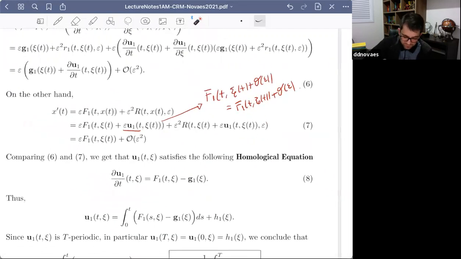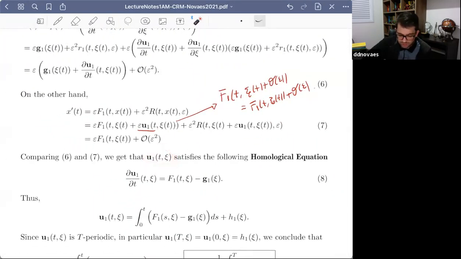So the function u1 must satisfy the following homological equation. The derivative of u1 with respect to the first coordinate has to be equal to f1(t, c) minus g1(c). That's what we have here.